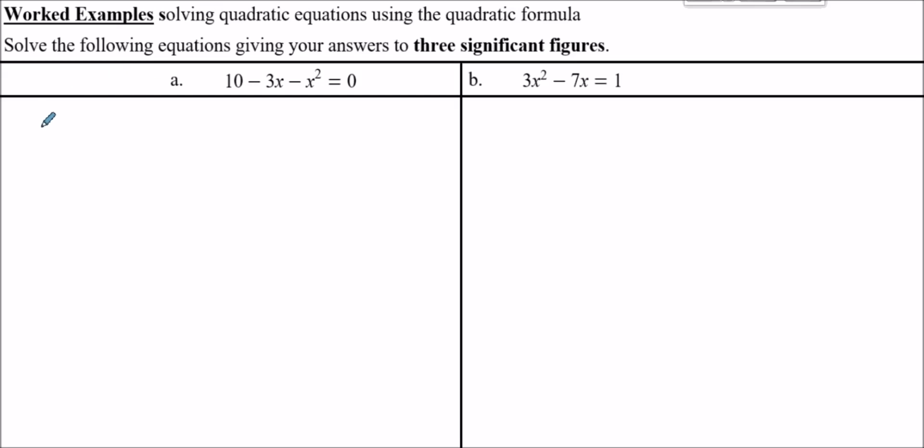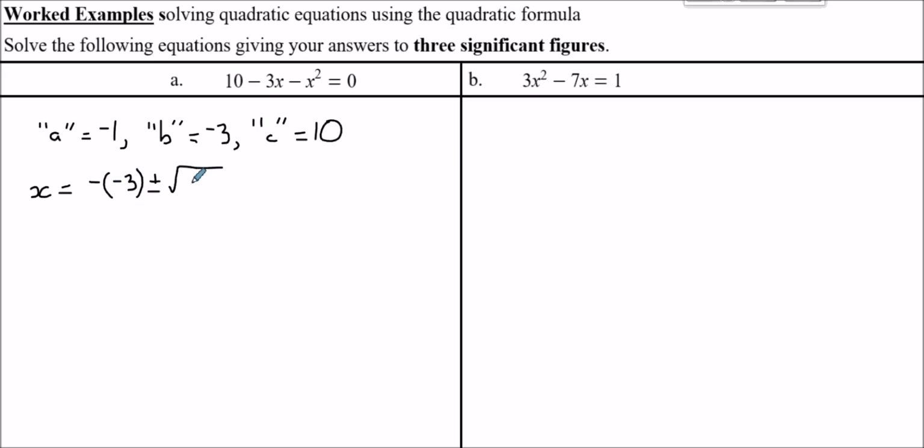And so our A, in inverted commas, is going to be minus 1. Our B, in inverted commas, is the coefficient of the x, which is minus 3. And our C is 10. And so now if we plug these parameters into the quadratic equation, x is going to be minus b, so minus 3, plus or minus the square root of b squared.